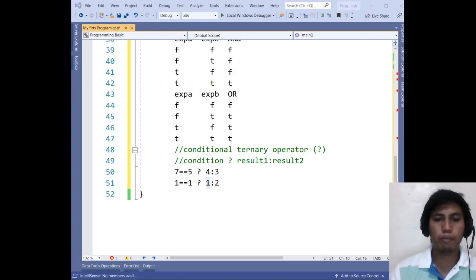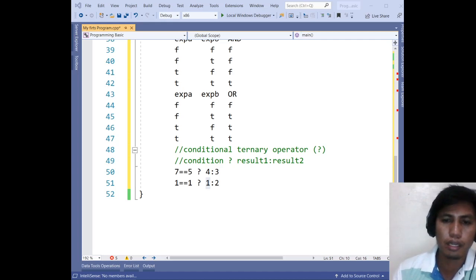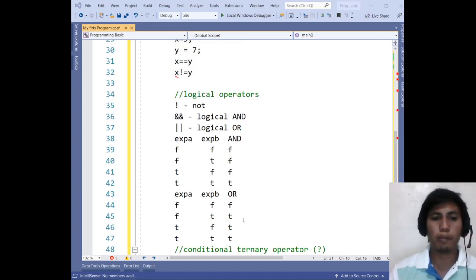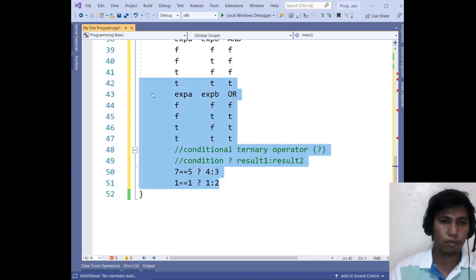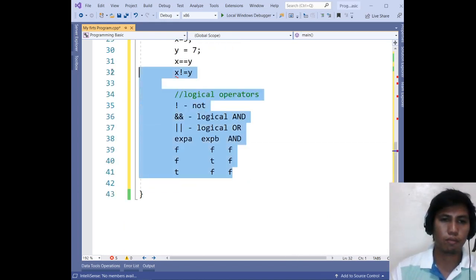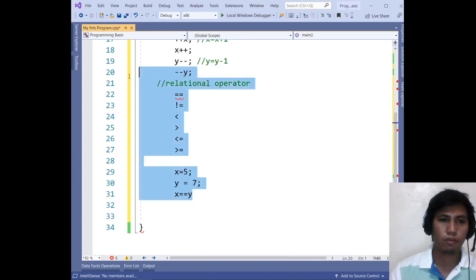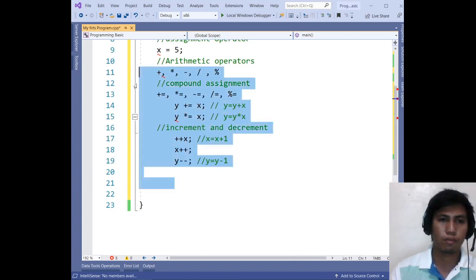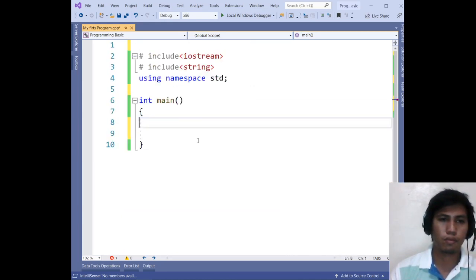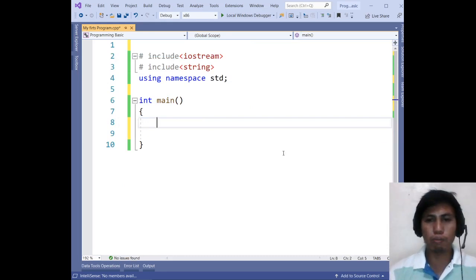Then we also have the basic input and output. This will be the last topic in basic programming. So basic input and output.